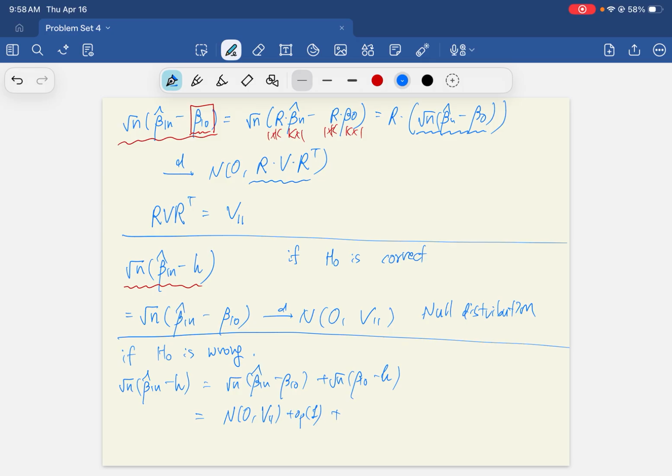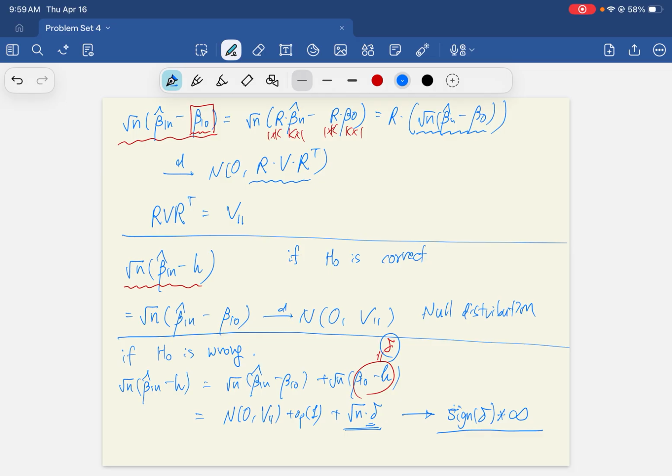But the second part, let's call this guy delta, which is not 0, square root n times delta. Then in the limit, it is going to plus or minus infinity, so it depends on the sign of delta times infinity, right? If delta is negative, regardless of the normal distribution, this will go to minus infinity. If delta is positive, this will go to positive infinity. So in any case, it will converge to plus or minus infinity depending on the direction of this error.